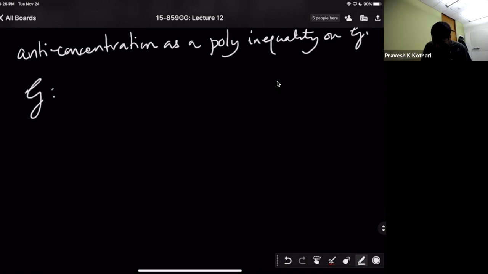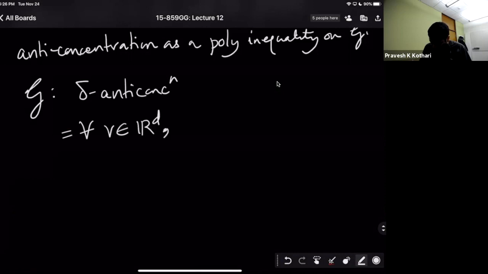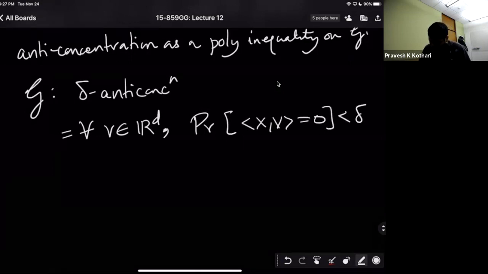If you recall, delta anti-concentration of G means that for all directions V, we need that, actually, let's maybe write the usual thing first and then convert it. So the probability that x dot v is 0 is less than delta. This is what we wrote earlier, right? This is the meaning of delta anti-concentration of the set G.